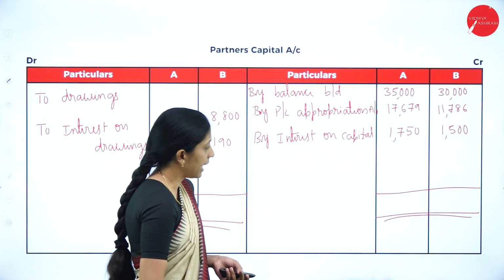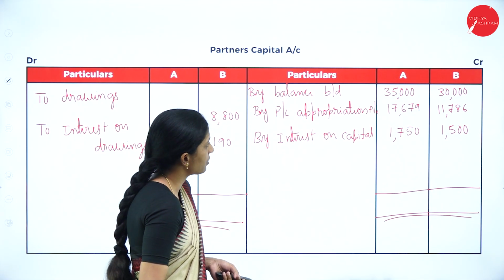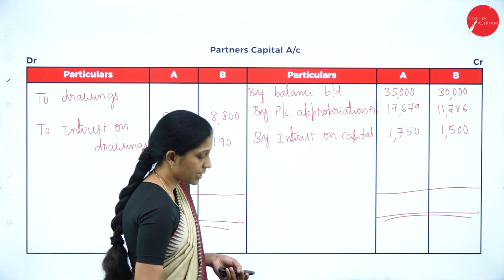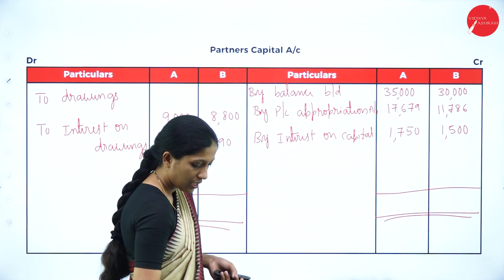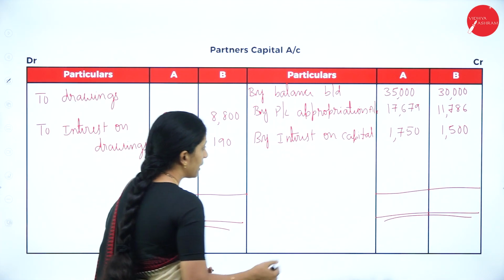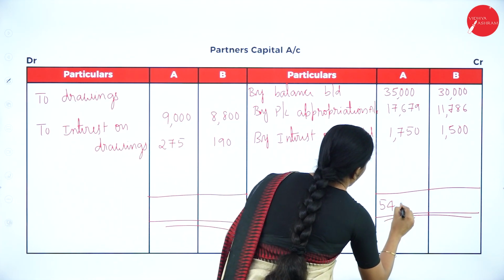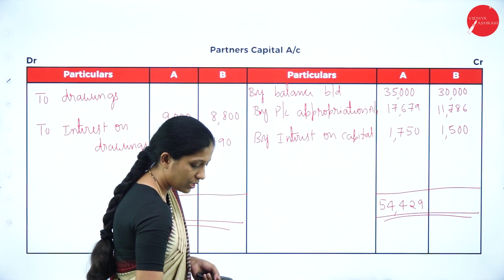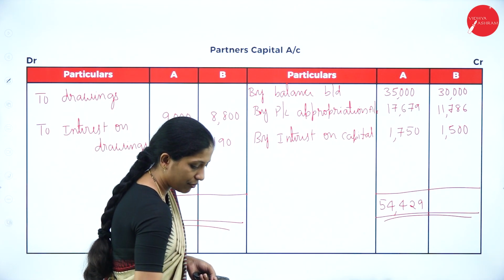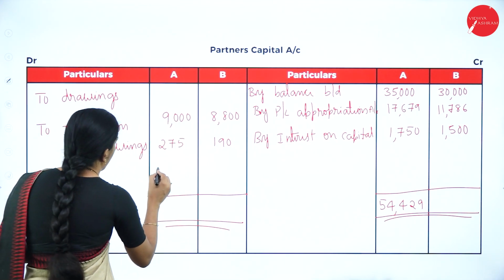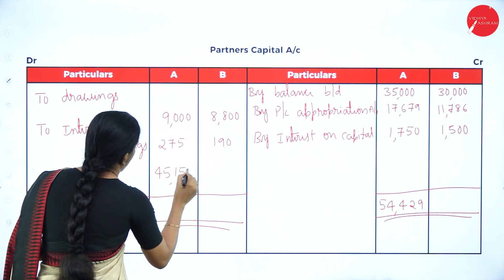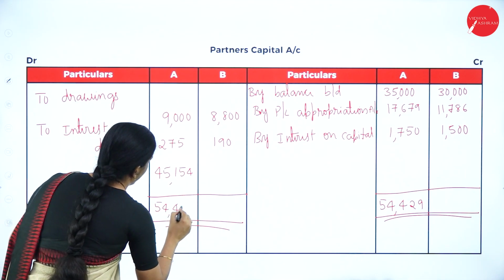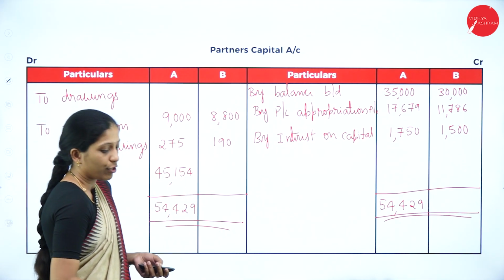You have to count A's column: 35,000 plus 17,679 plus 1,750 will be 54,429. 54,429 minus 9,000 minus 275 is 45,154. And here it is 54,429.